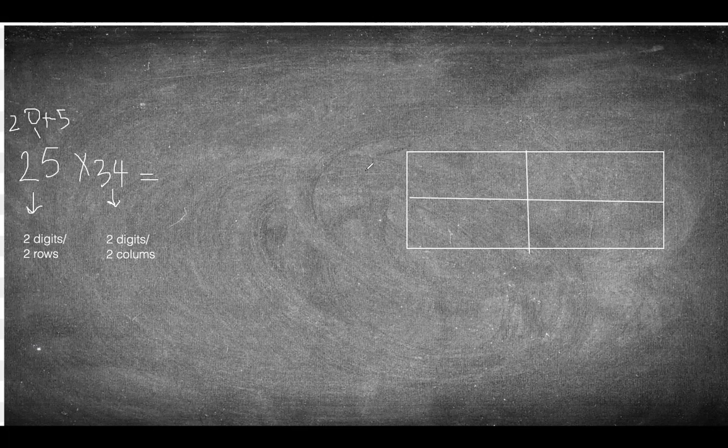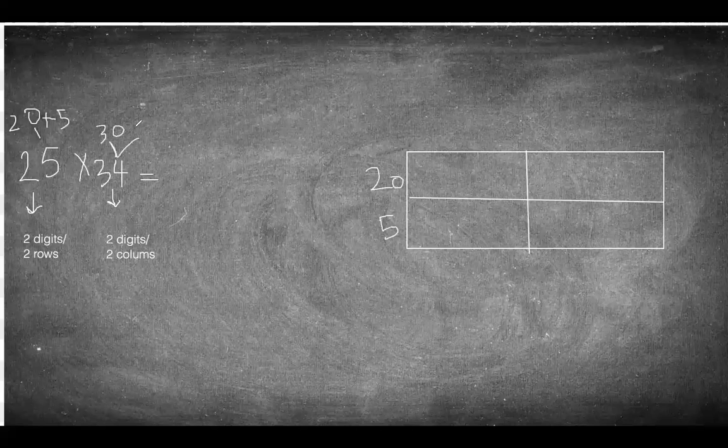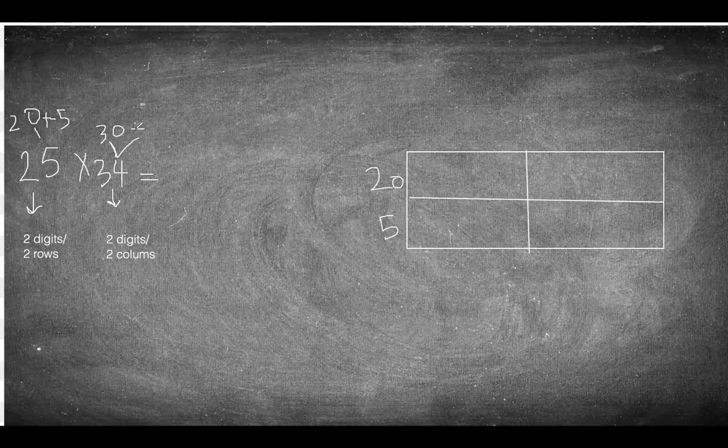So now I'm going to put the 20 here in the first row and the 5 underneath. The 34 is made out of, yep, you guessed it, 30 plus 4. So I'm going to put the 30 here on the top and then the 4 on the other top.